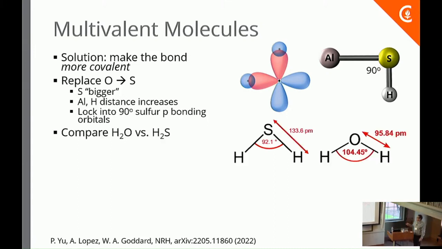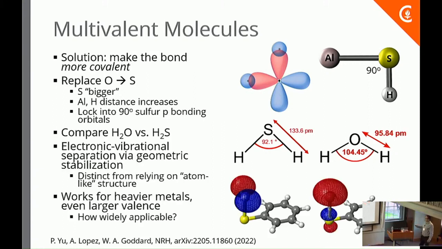And this happens, for example, H2S is very close to 90 degrees, whereas water is very famously not 90 degrees. It's sort of this mechanism that's going on.